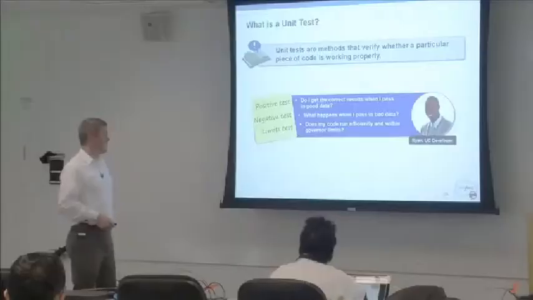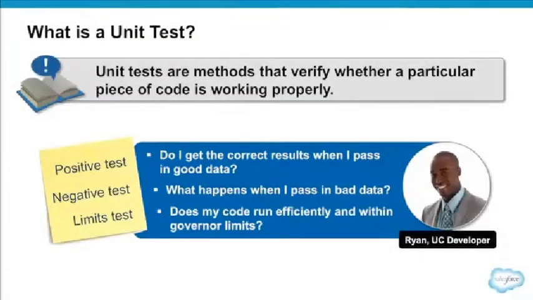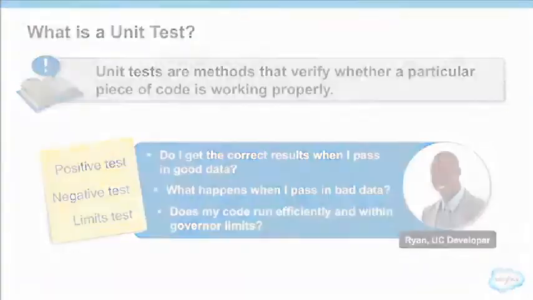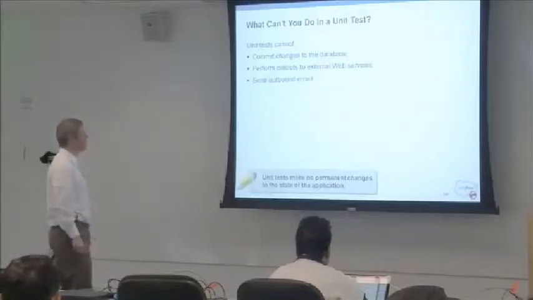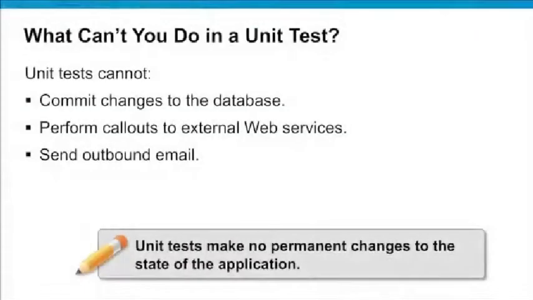Or if I don't have any exception handling logic, did I get the expected error that I thought, even if I'm just going to display that exception to the end user. And then finally, is our code bulk ready? So when we stress test it by inserting something like 200 records, let's make sure that we're not exceeding any of our governors.